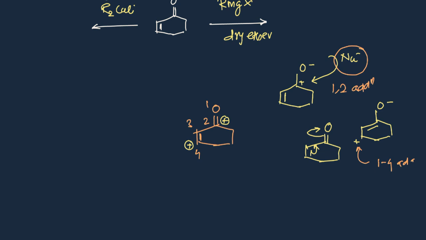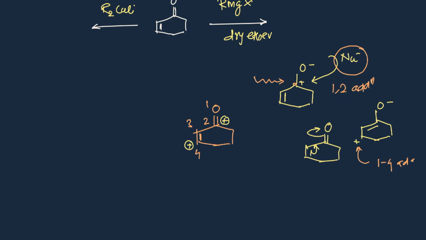Now which one is the more electrophilic one? The more electrophilic center should react with the more nucleophilic one, and the less electrophilic should react with the less nucleophilic one. Similarly here for 1,2 addition, this one has a small electrophilic character, or a small charge, and this one is a larger one.